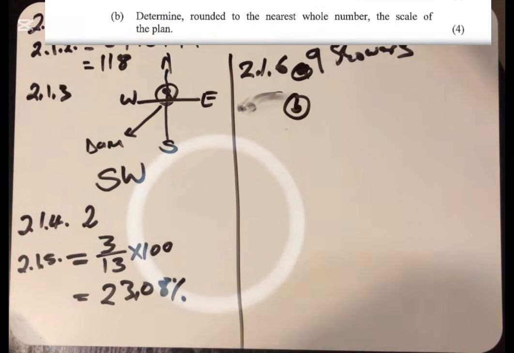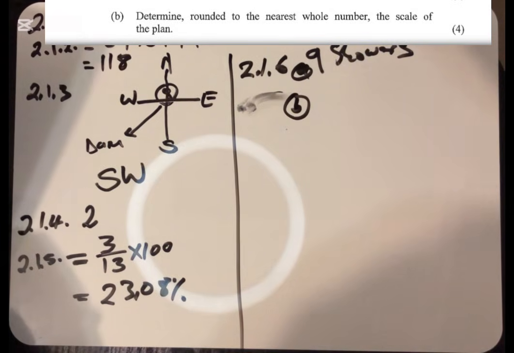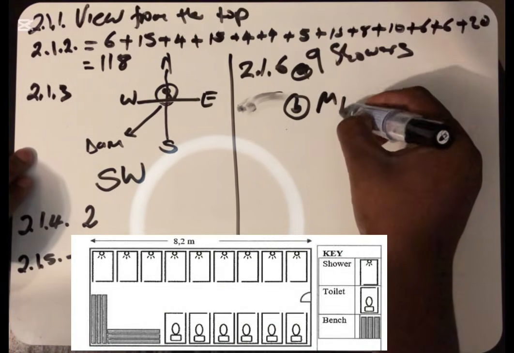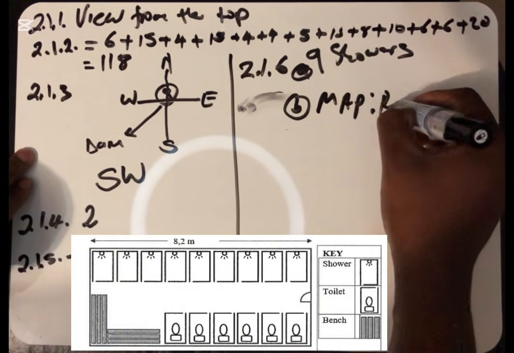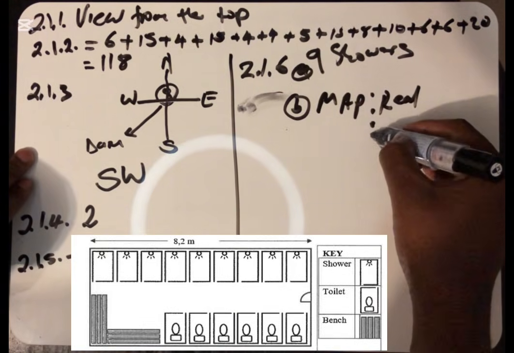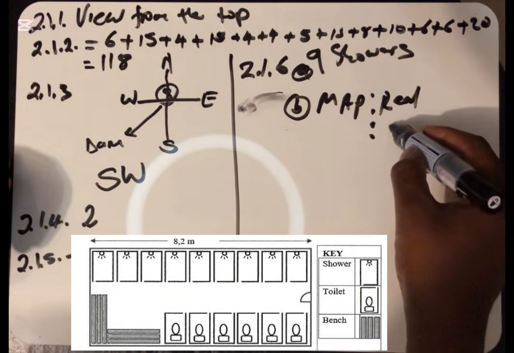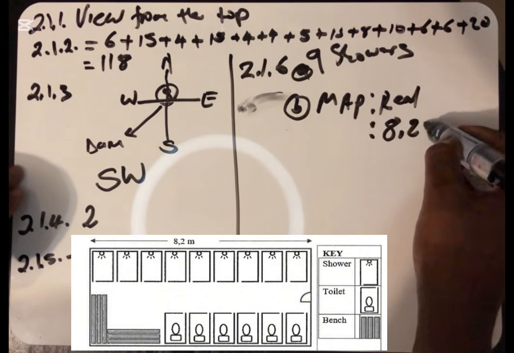B. 2.1.6b says determine, rounded to the nearest whole number, the scale of the plan. So if you check here, we have map and real, and the real distance of this is given by 8.2 meters.